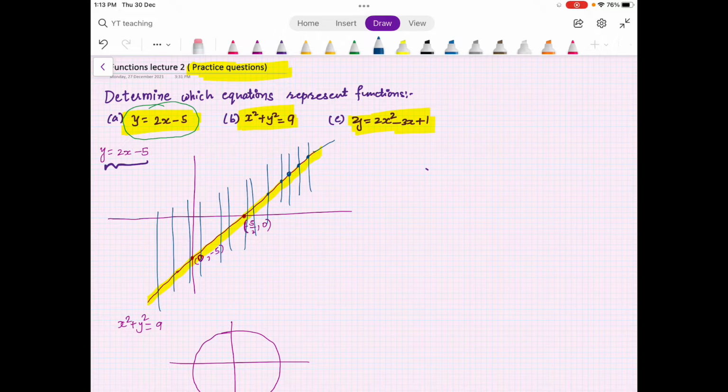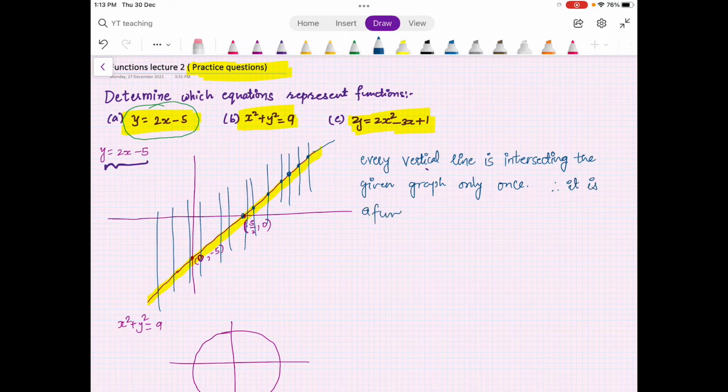The intersection point is only one. So every vertical line intersects the given graph only once. Therefore it is a function. So the equation y is equal to 2x minus 5 represents a function.